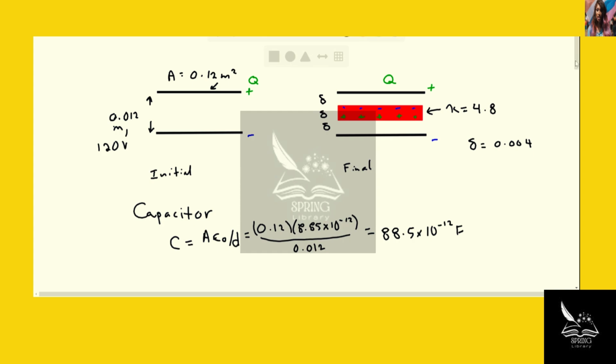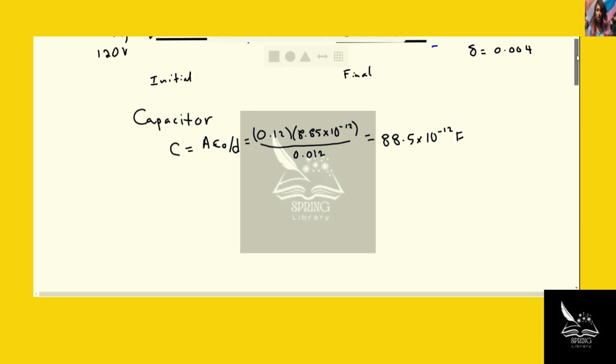In terms of the potential and the electric field, we know that capacitance is defined to be the ratio between the charge on the plates divided by the potential difference. So C equals Q over delta V. We can now find the Q that's on the plates, and this is a fixed quantity.